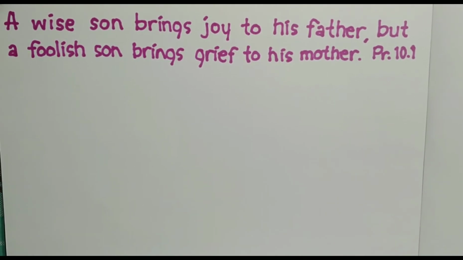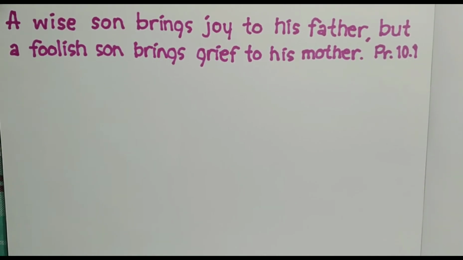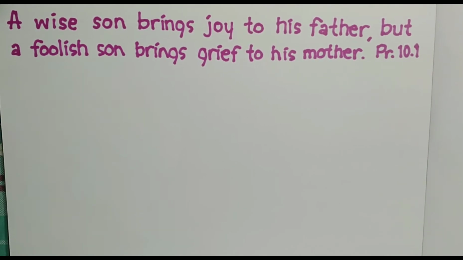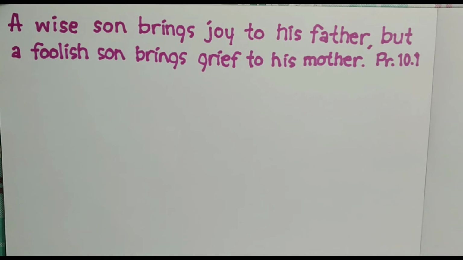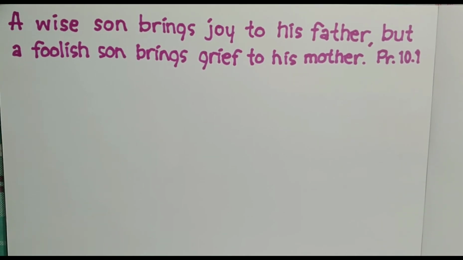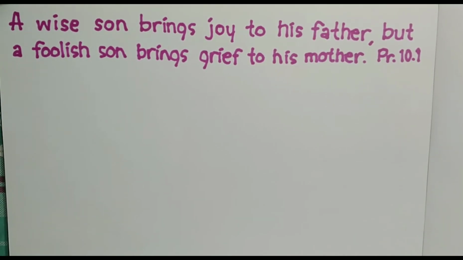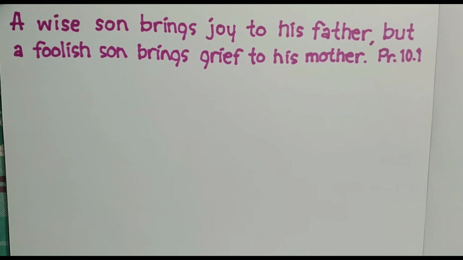Now, before we diagram this sentence, we must understand that we need to identify the subject, the verb, direct object, prepositional phrases, and others. Now, for this sentence, what do you notice?